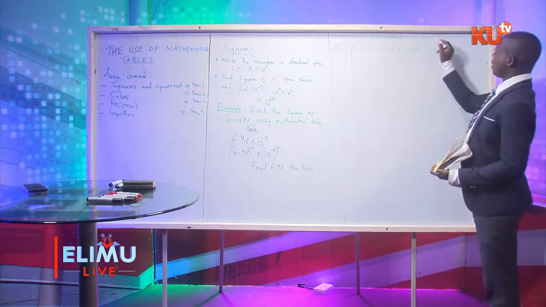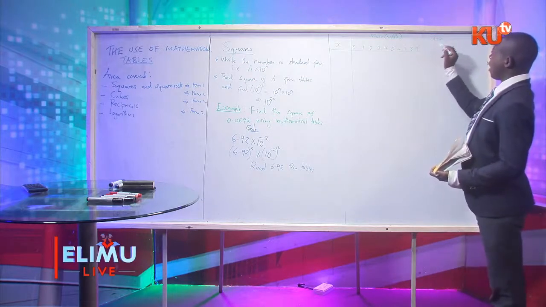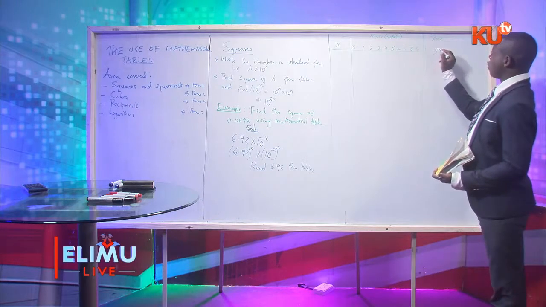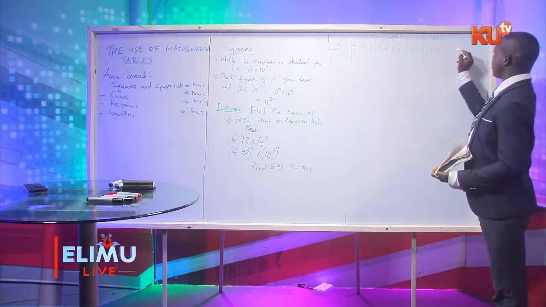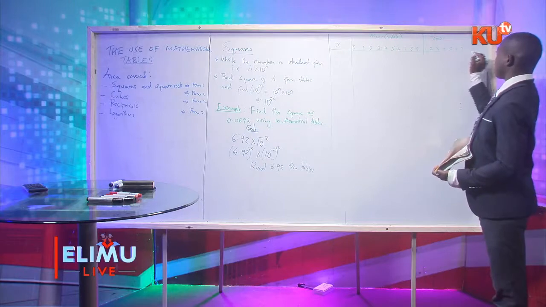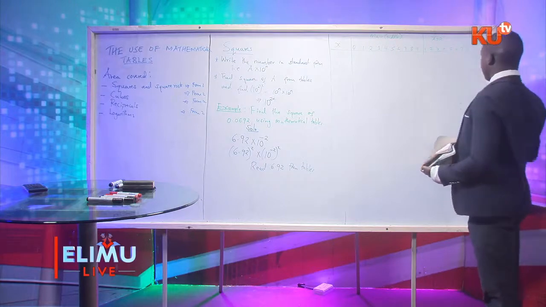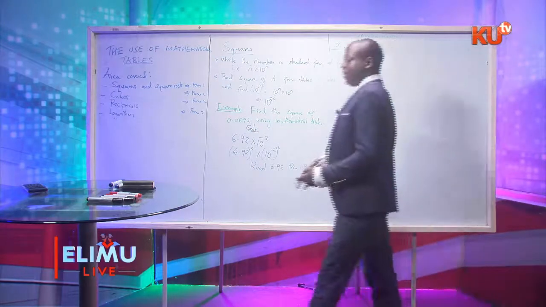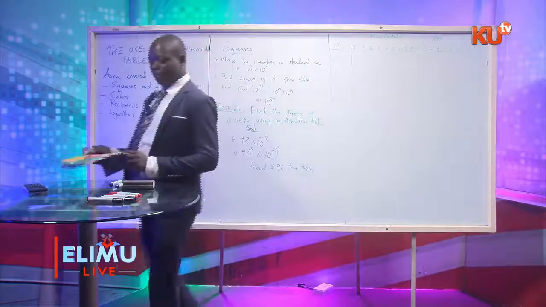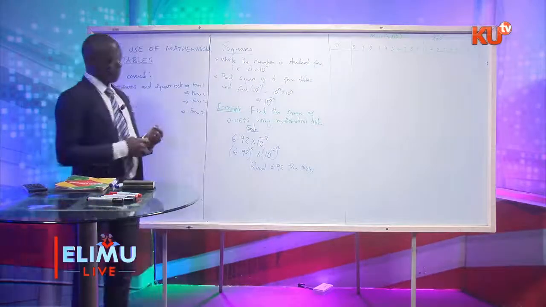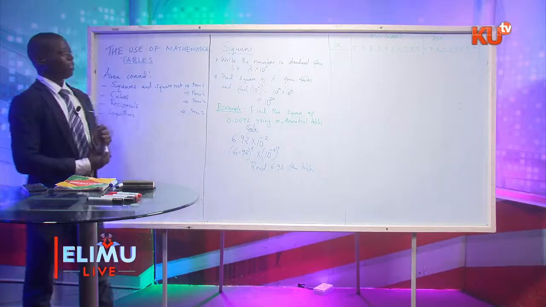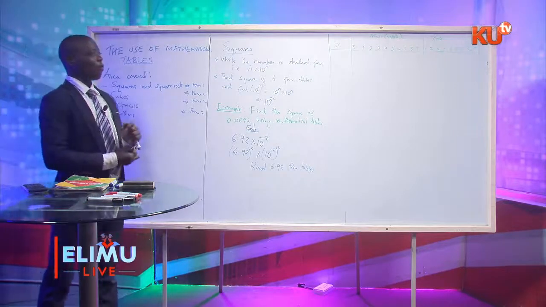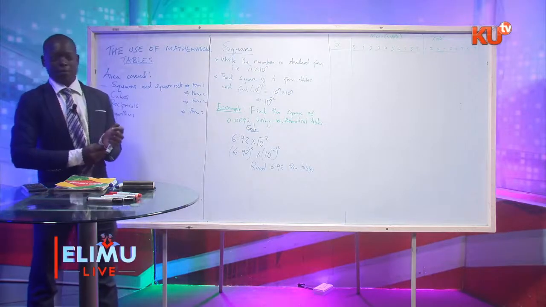And then we have the addition column, simply written add, which has 1, 2, 3, 4, 5, 6, 7, 8, and 9. And this is why this table is referred to as the 4-figure, because it only gives us the opportunity to read to a maximum of 4 significant figures.